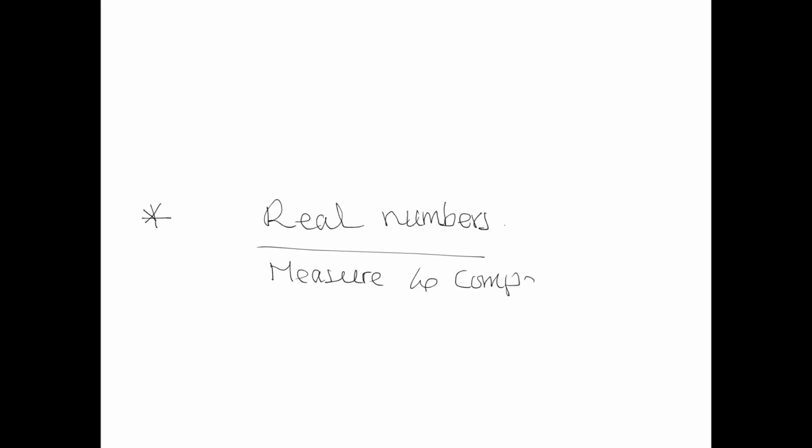The second aspect that we are going to have to understand is what the real numbers are actually. So the most important thing to understand is that we can't measure and we can't compare quantities if we don't have real numbers.